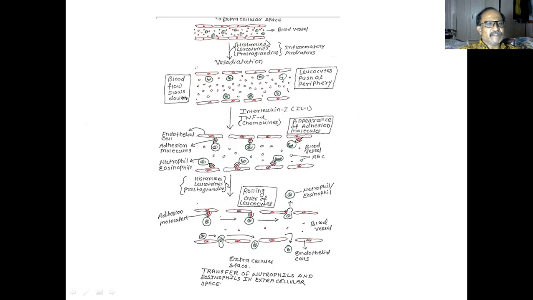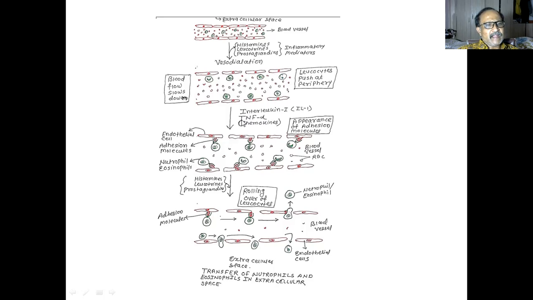extracellular spaces. Okay, first adhesion takes place. Due to slowdown of blood flow, these white blood cells, neutrophil, eosinophil, and monocytes, are pushed to the periphery of blood vessels toward the endothelial cells. These are the endothelial cells, the lining of blood vessels. Then what happens?